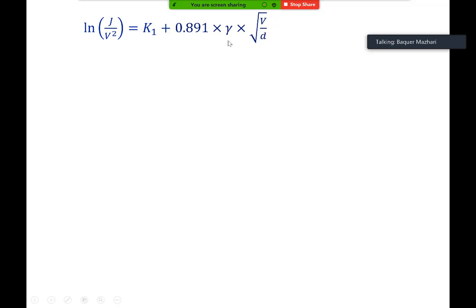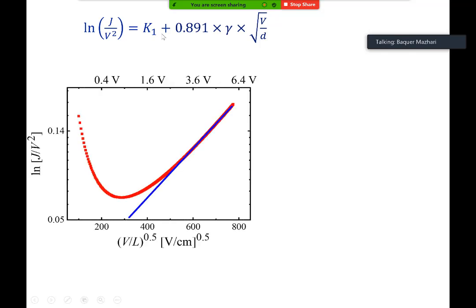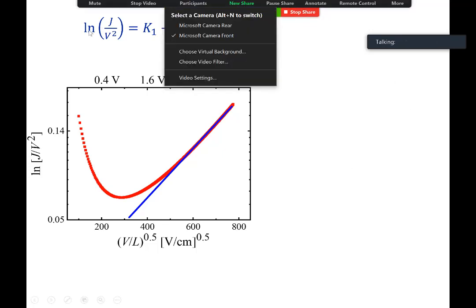If I take a single layer device with good hole injection from both sides, determine its IV characteristics, and apply this particular model, this is the typical plot that I get. Note that on the right hand side I have ln J by V square, and on the x-axis we have V by L. V by d or d and L are being used interchangeably for the thickness of the device here. So we expected a straight line.